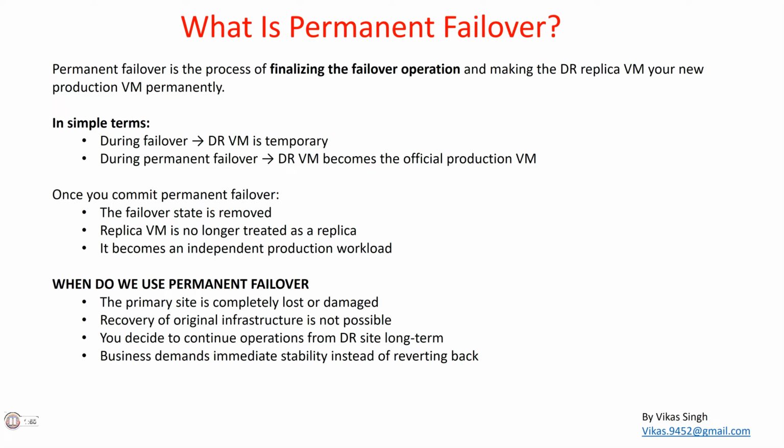You use it when, let's say, the primary site is completely lost or damaged, recovery of the original infrastructure is not possible in a short time, the business needs immediate stability, and you decide to continue operation from the DR side for the longer term. This is typically done in major disaster scenarios, which we will discuss in the next slide.